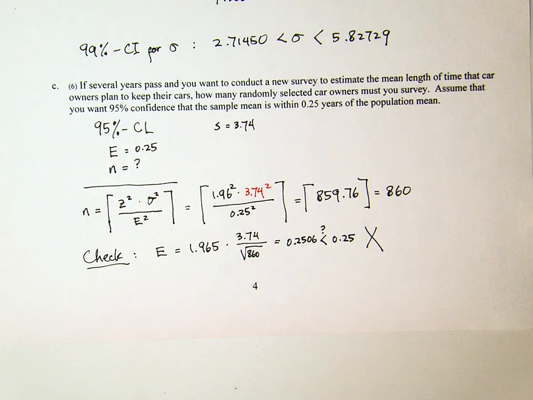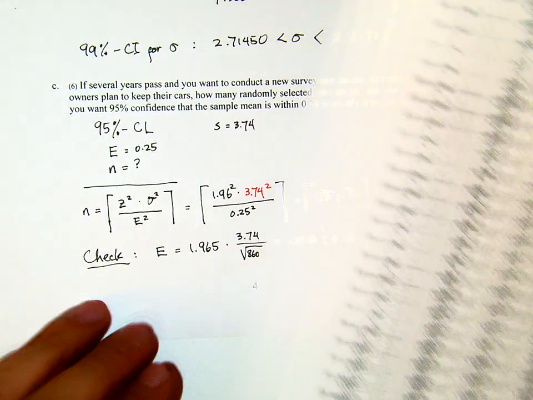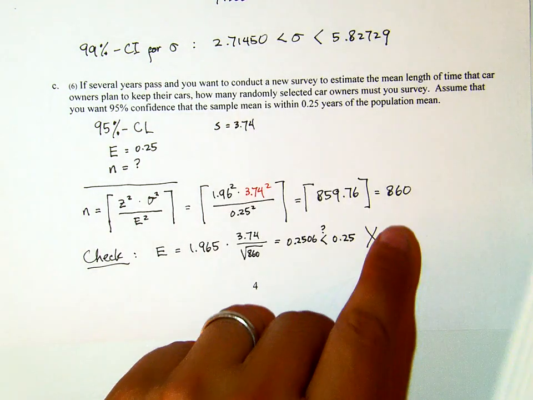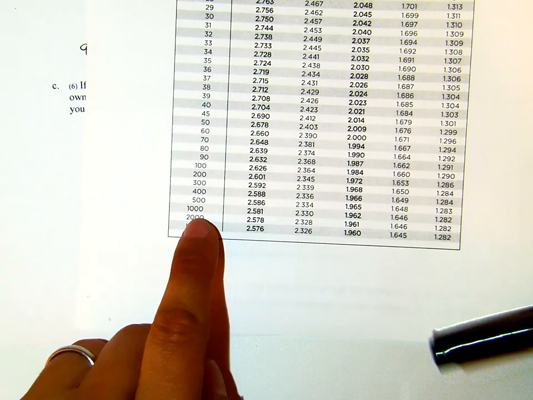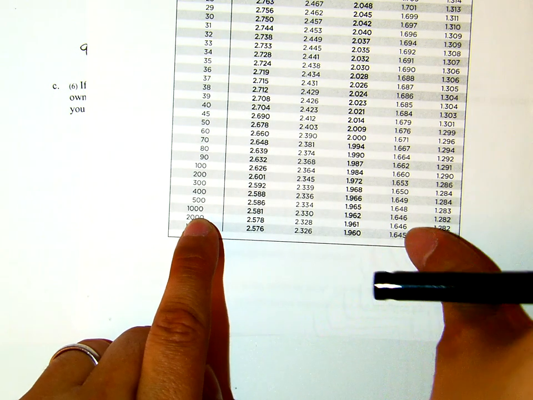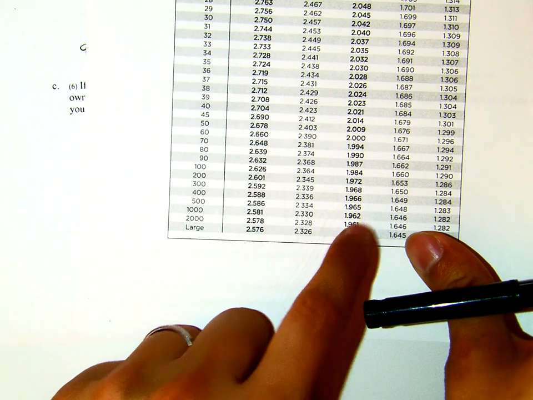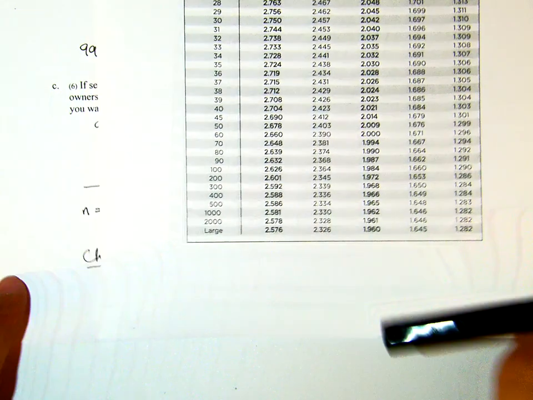Okay, now what you can do is increase the number. Even though I think it may not be necessary, because that 860 is very close to 1000 already, and the critical value is 1.962 instead. So we can think maybe it should be enough already.